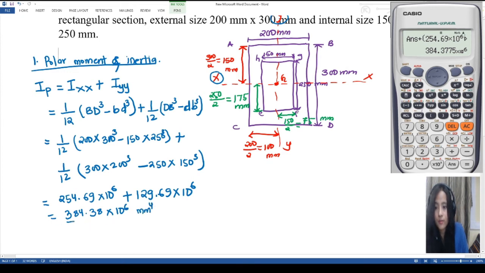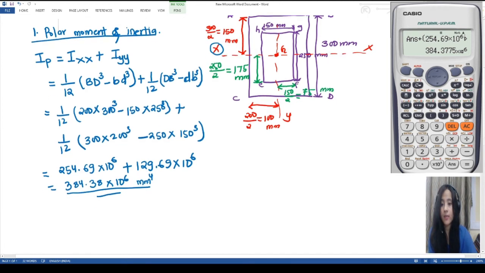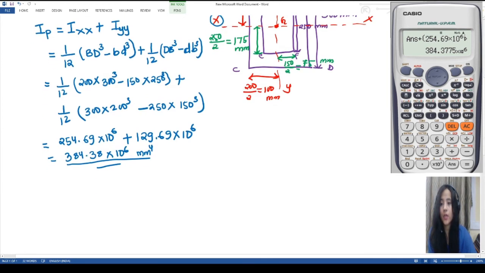Right? So this is my polar moment of inertia IP, which is also the moment of inertia about the third plane, coming equal to 384.38 into 10 raised to power 6.